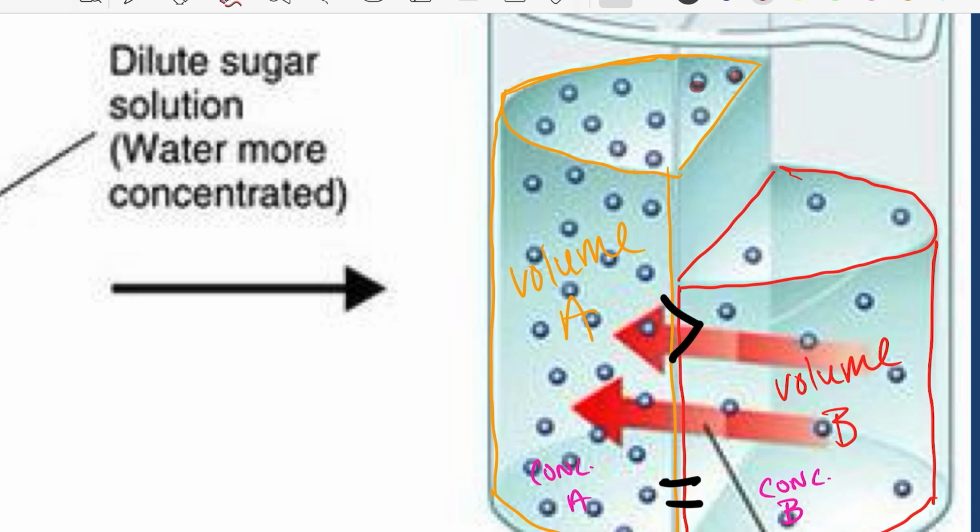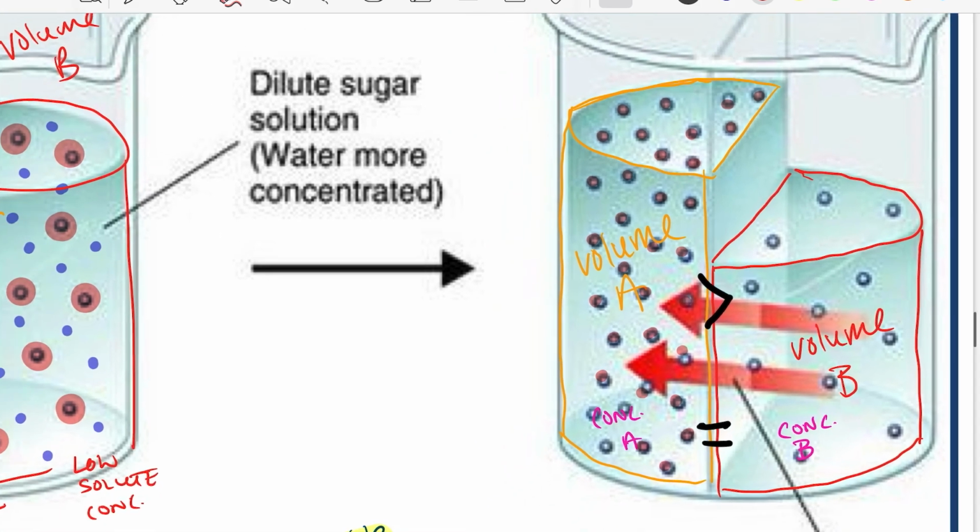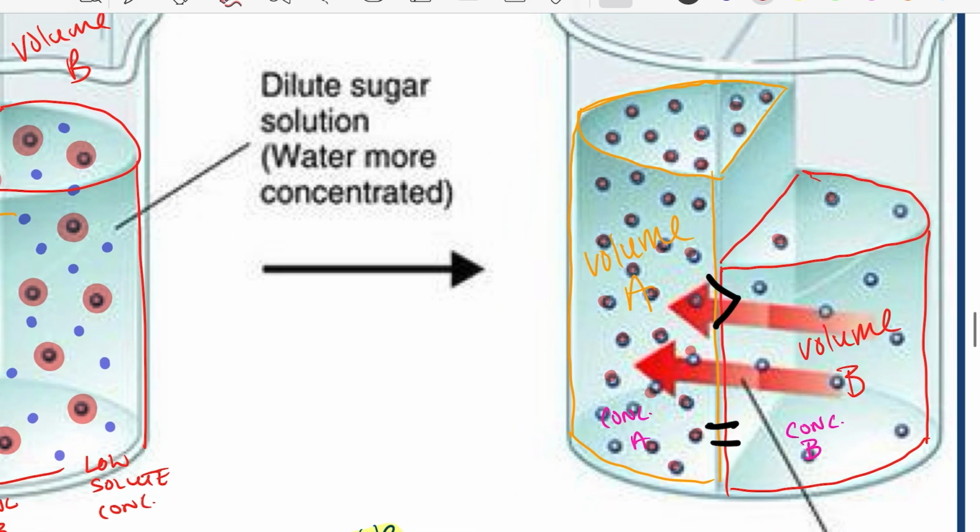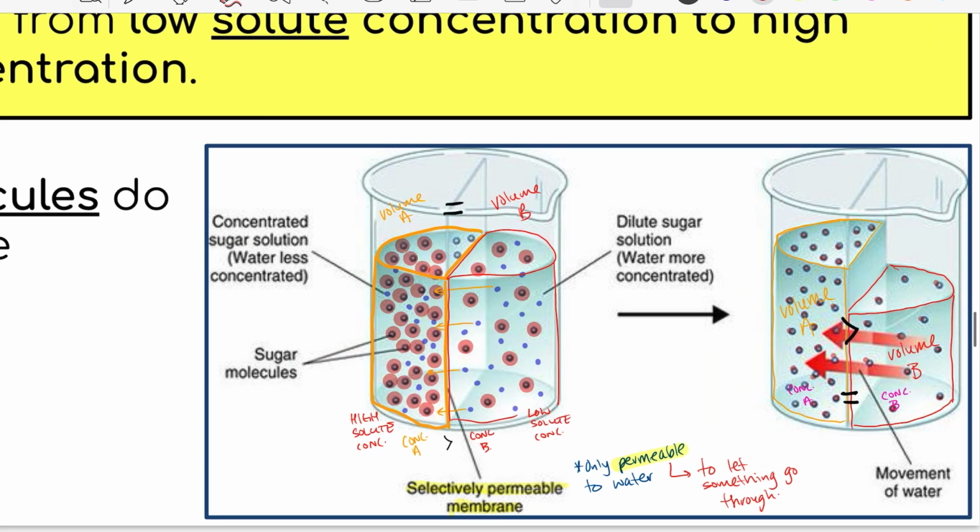You can see here that the number of solute molecules is the same still. It's just that they now occupy a greater volume, and so that has decreased the concentration. The number of solute molecules on the right over here has not changed, but the volume has decreased, and so they are now occupying less volume. So their concentration has changed.